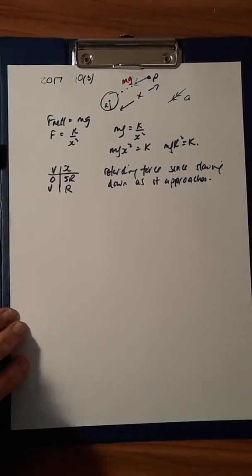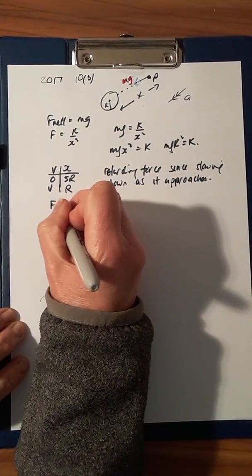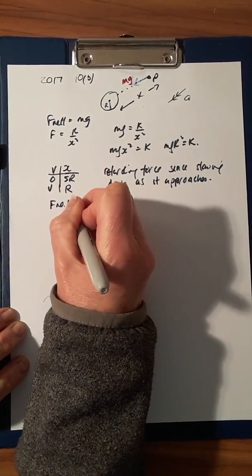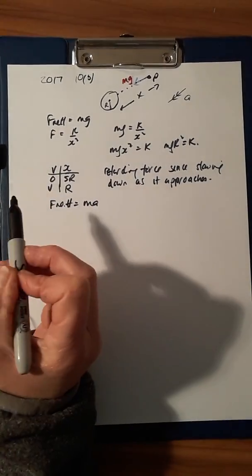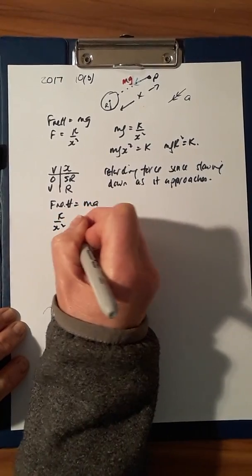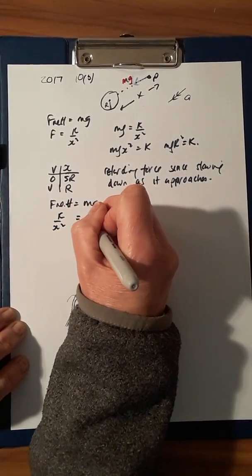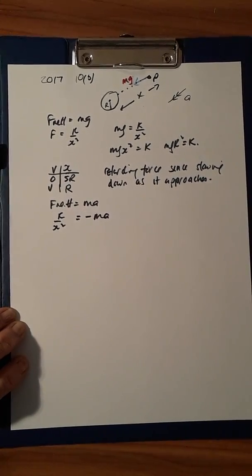Okay, so I know what my F net is. F net equals ma. My F net is k over x squared, that's what I'm told in the question, is equal to ma, and it will be minus ma because it's a slowing down force.